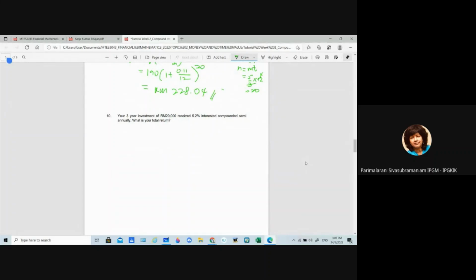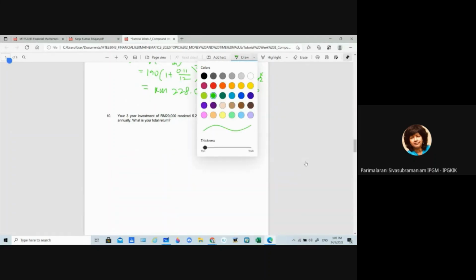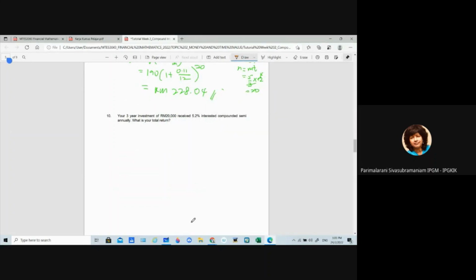Okay, question 10. Your 3-year investment of 20,000 received 5.2% interest compounded semi-annually. What is your total return? Question 10, very direct. You know that this is your present value.